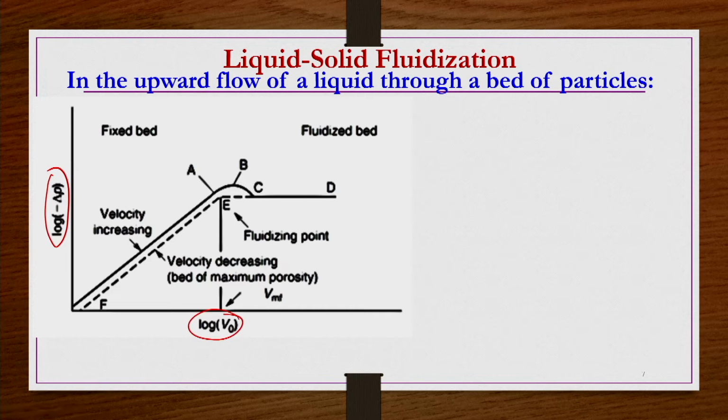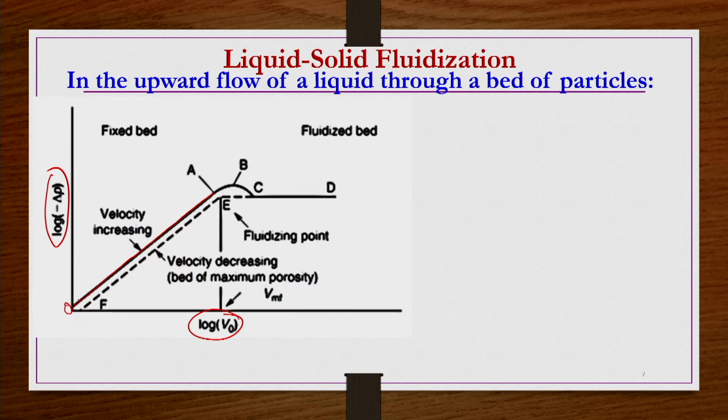Then we have a representation like this. If the velocity is small, okay, initially we are gradually increasing the velocity from zero.